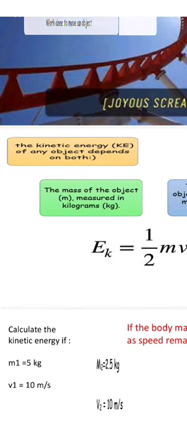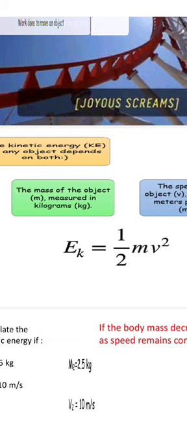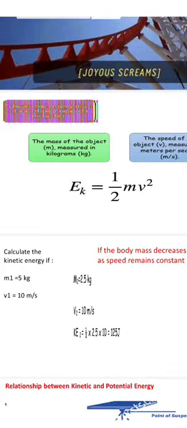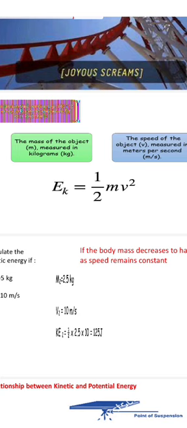And the kinetic energy depends on mass and speed. Of course, mass is measured in kilograms and speed is measured in meter per second. And to calculate the kinetic energy, half mass times v square.